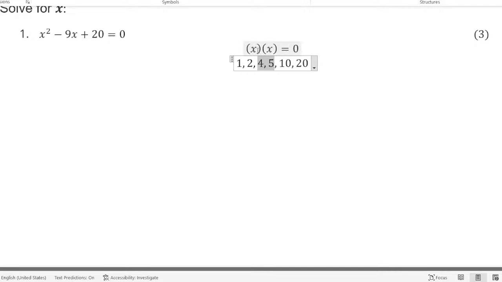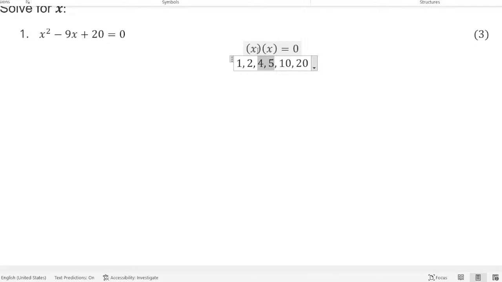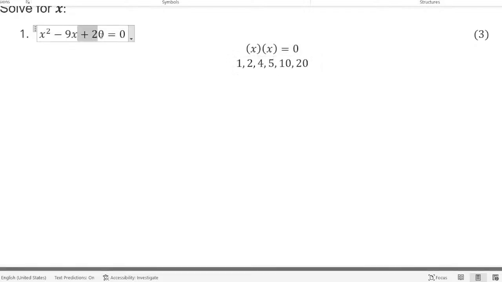Remember, I told you that if the last term is positive, we have to add the factors of the last term to give us the middle term. In this case, the last term is 20, so we add the factors of 20 that give us the middle term. The middle term here is 9. Forget about the signs at this moment. It's 9, so we're using 4 and 5.